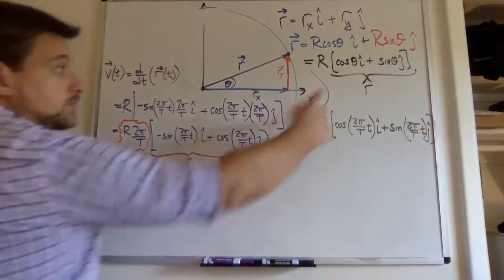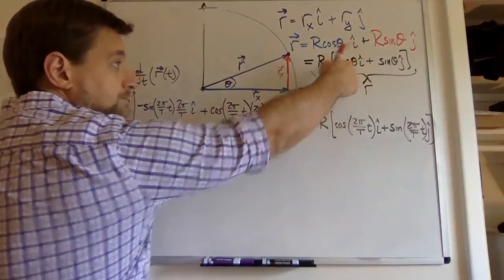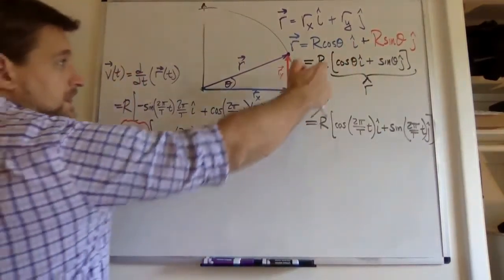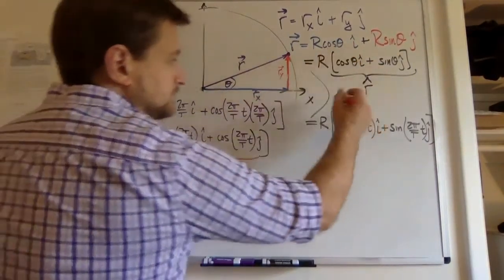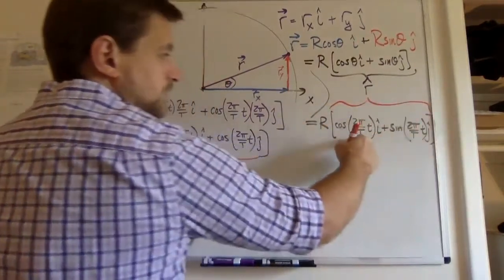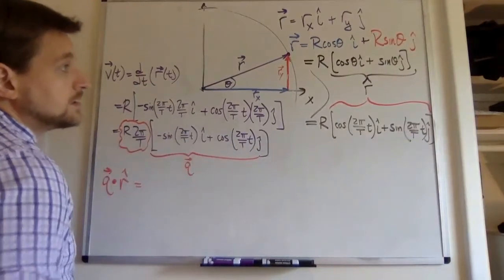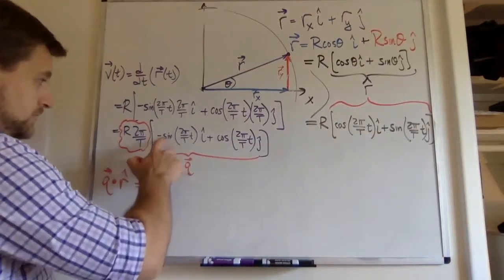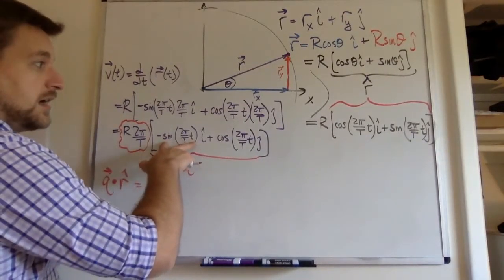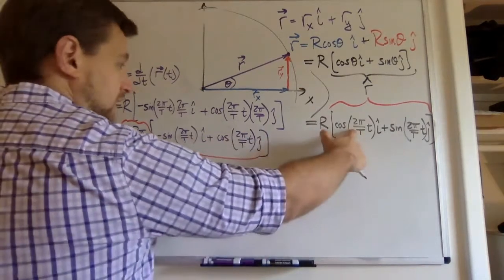Now r hat we defined earlier, it's this guy, or this one if we want to write it with the 2 pi and the time and everything. So it's this x component and this x component.